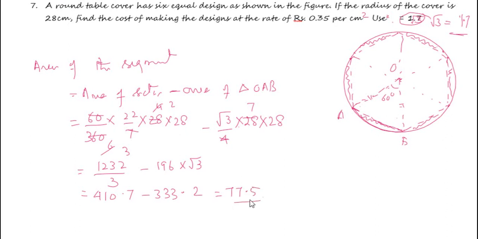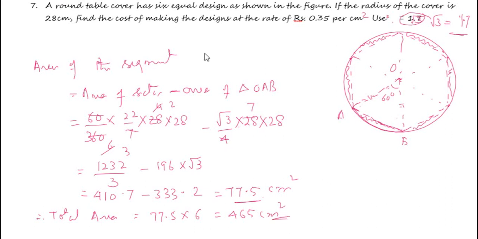Now there are such 6 segments, therefore total area, this is centimeter square, total area equal to 77.5 into 6, that is equal to 465 centimeter square. That is the total design area.